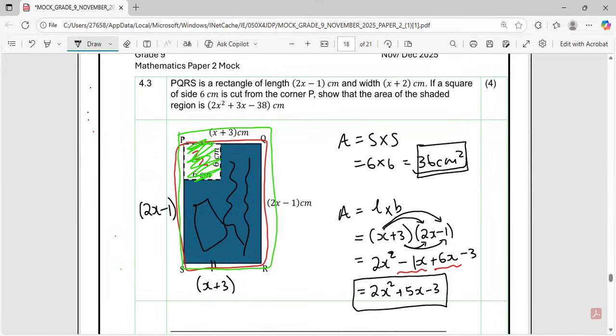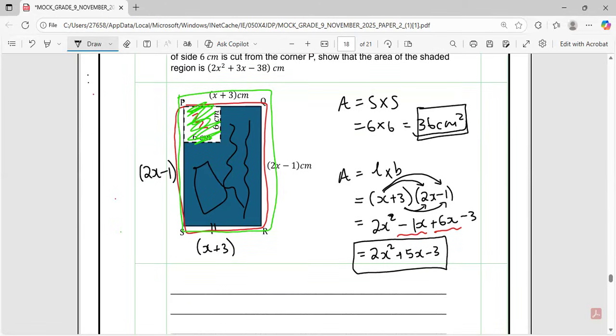Remember we said we know how much that is: 36 centimeters squared. So now we need to subtract that. Therefore, we're going to have minus 36.